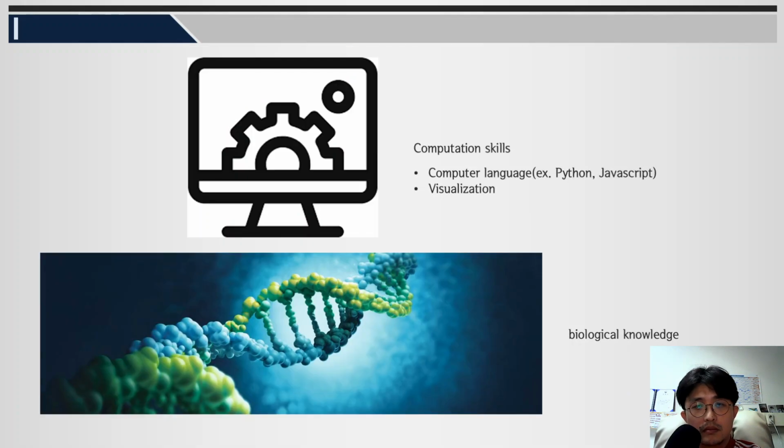So the skills I will be learning in this lab are computation skills and biological knowledge. I think it is competitive enough because there's still a shortage of bioinformaticians who are good at these two technologies.